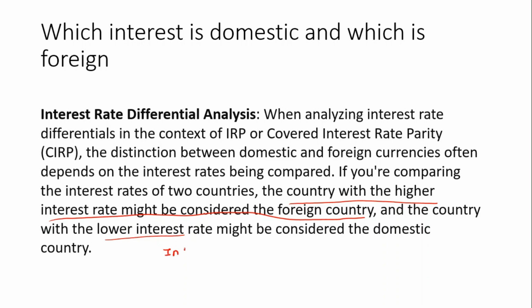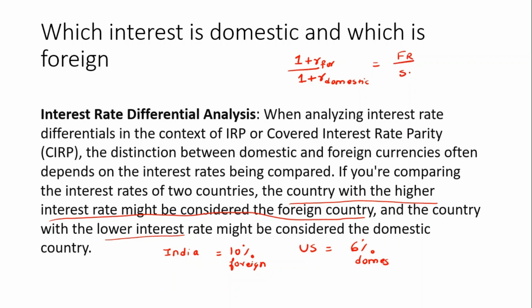So in our example, India was 10% and United States was 6%. So which one should I assume? The country which has the higher rate, I will assume as foreign, and this as domestic. And if I just rewrite 1 plus r and 1 plus r, this one is going to be foreign and this one is going to be domestic, is equal to FR divided by SR, right?